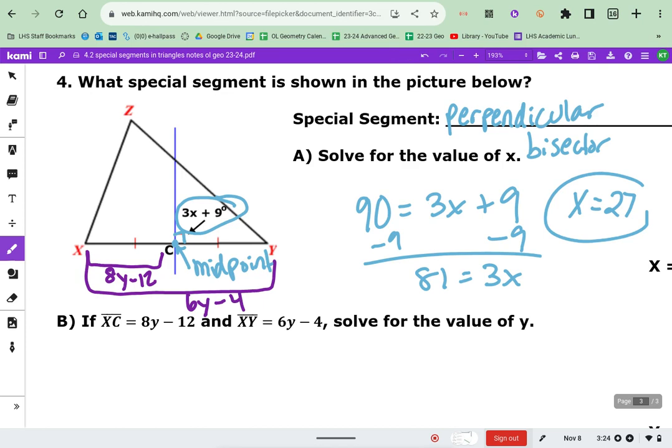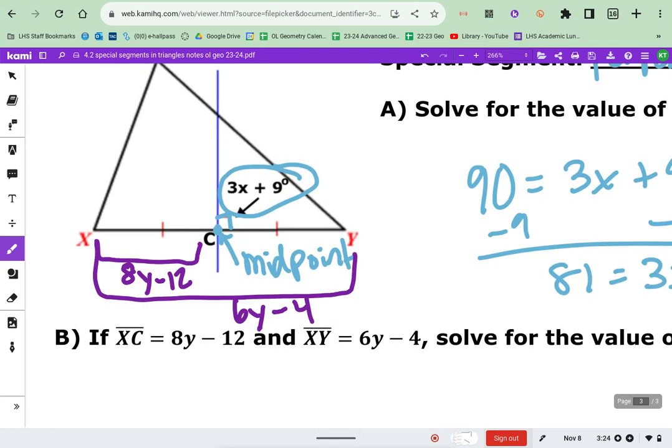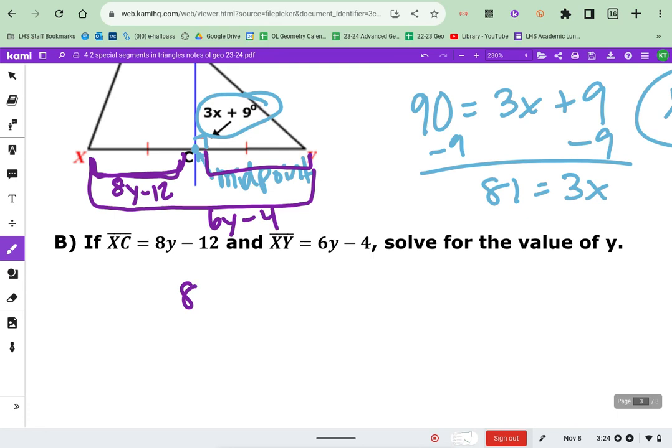Remember, perpendicular bisectors go through the midpoint. If C's in the middle, how many XC segments fit into the whole thing? 2, right? 1 and 2. So our formula is going to be 8y minus 12 plus 8y minus 12 is equal to the whole thing, 6y minus 4.